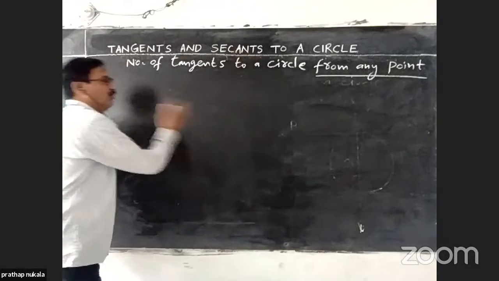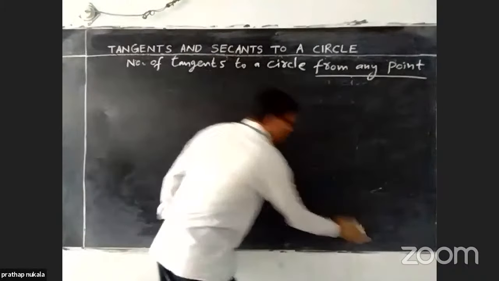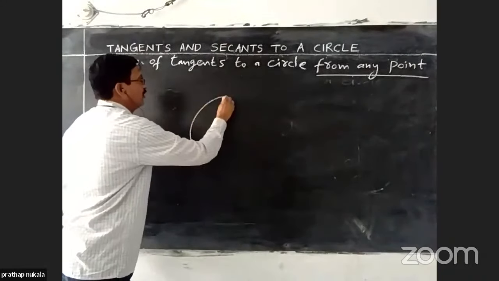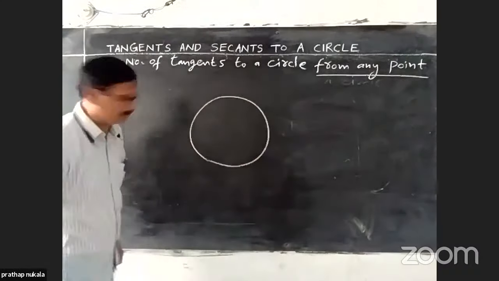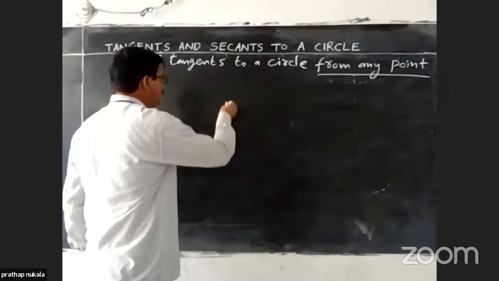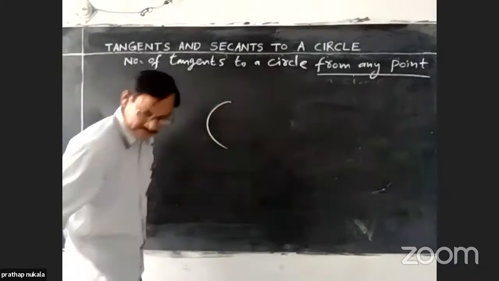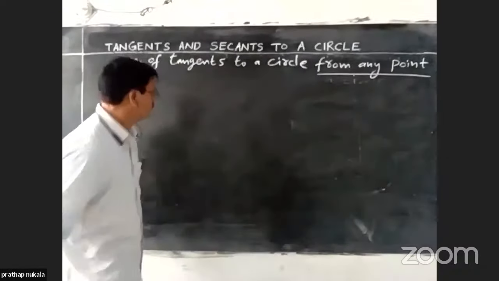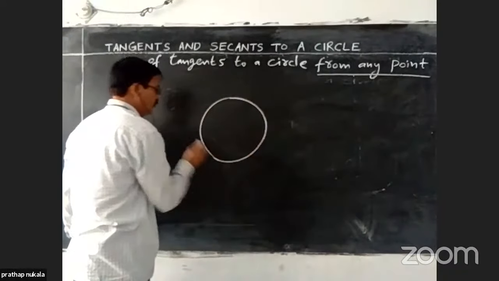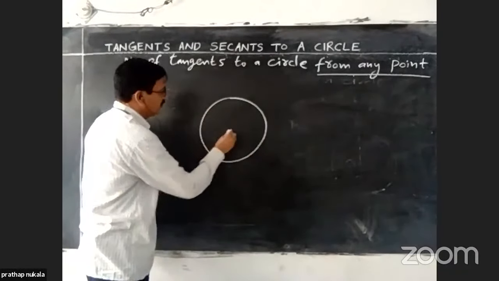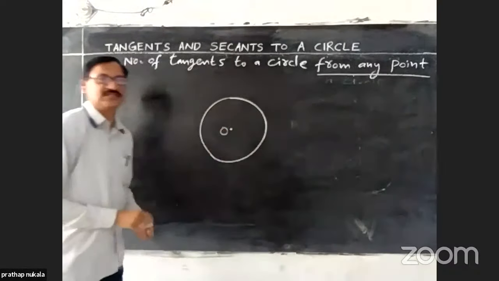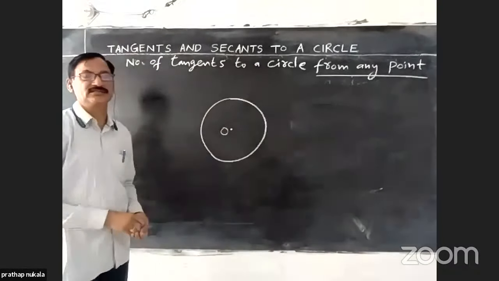Now, first draw a circle. Draw a circle with center O with convenient radius.